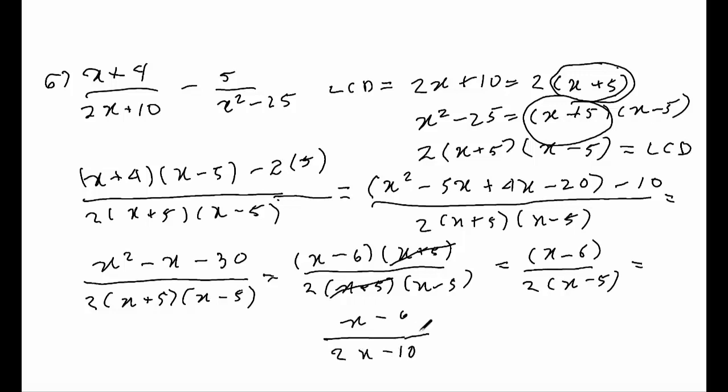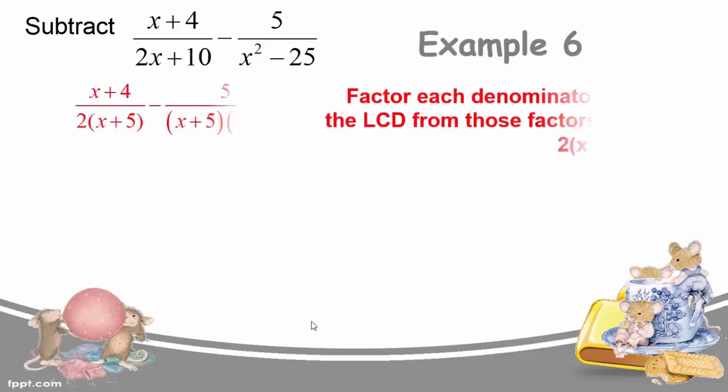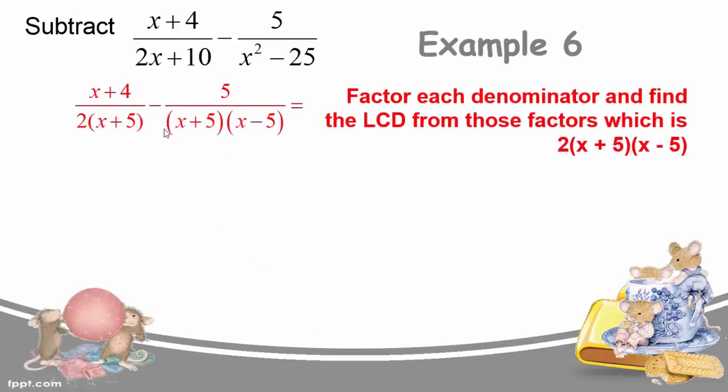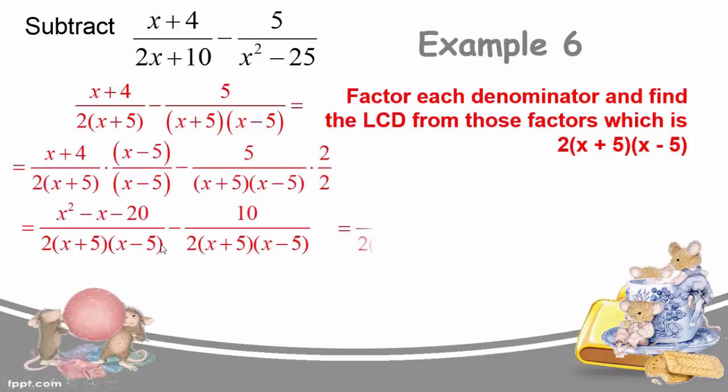So going back to the PowerPoint in example number 6, there I did it. I found the lowest common denominator, just like I did on the whiteboard, and then I used it to combine them, making sure that they had the same denominator.